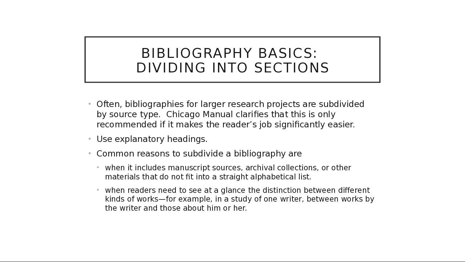If you pick up any book that you're reading in your history class, you'll notice that it will probably divide its bibliography this way. You'll often see not only division between your primary and secondary sources, but also different categories of sources. One of the things that Chicago says that I found really interesting is they recommend not dividing your secondary sources between articles and books, because then you wind up having scholarship written by the same author in different sections of your bibliography, and that's not a good idea.